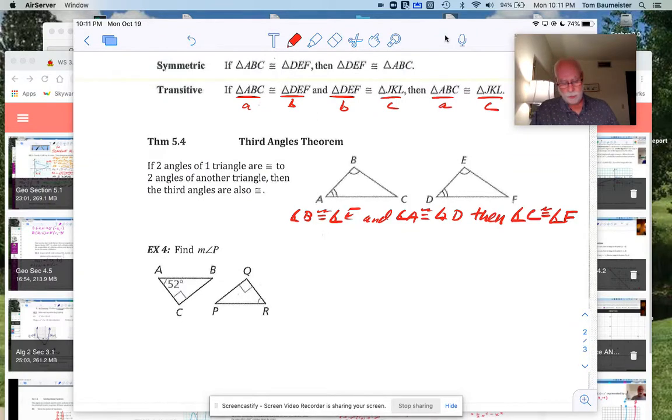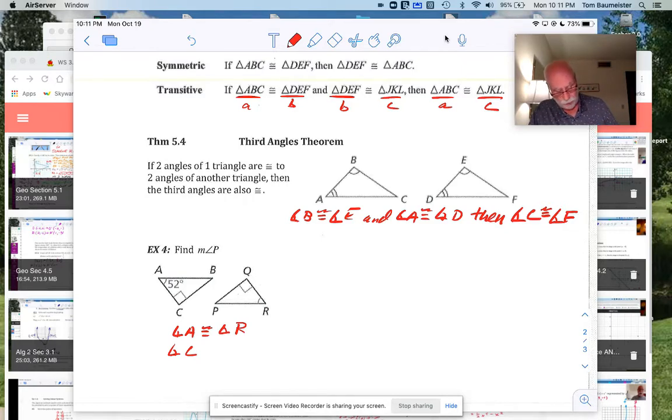All right, so on this one here, find the measure of angle P. We know that angle A is congruent to angle R because they are marked the same. We know that angle C, which is a right angle, equals 90 degrees, correct?